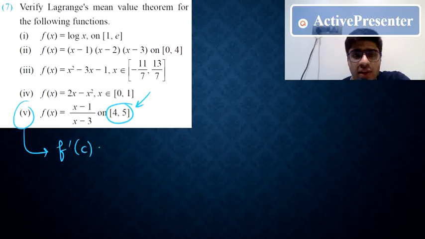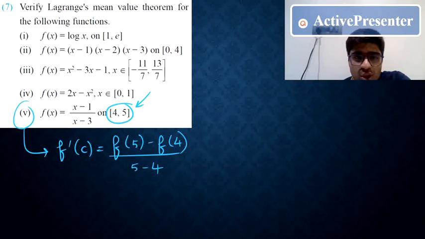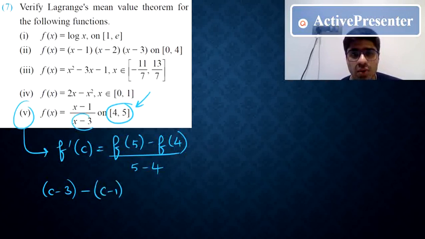So try finding that point where the slope of the tangent, that is f dash c, will be equal to f b minus f a upon b minus a, that is f5 minus f4 upon 5 minus 4. So f dash of c, the derivative of this, will be c minus 3 into the derivative of x minus 1, which is 1, minus c minus 1 into the derivative of x minus 3, which is 1, upon c minus 3 the whole square.